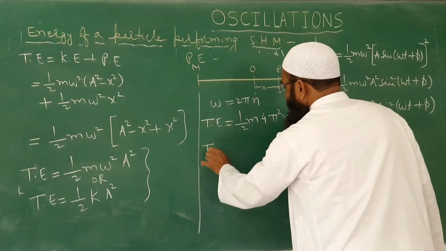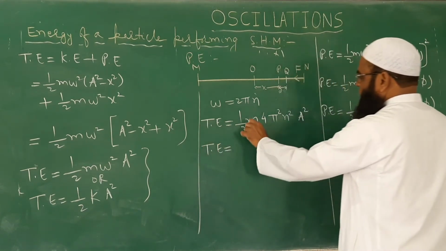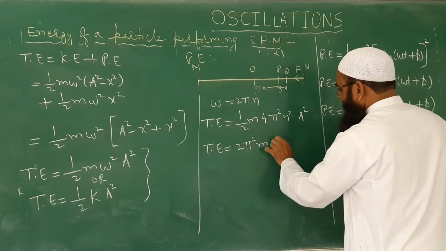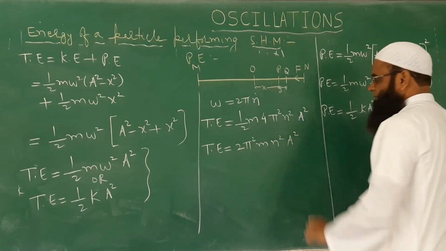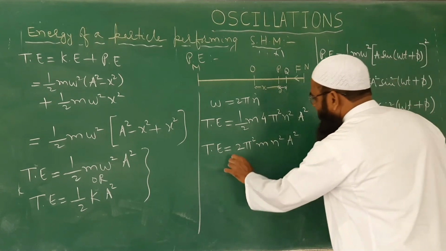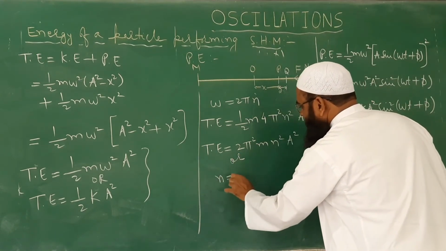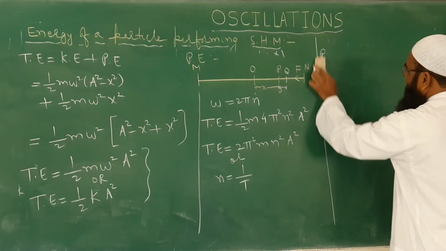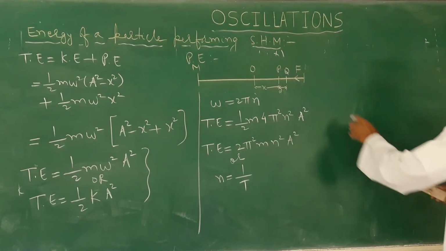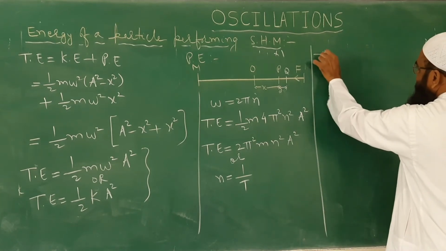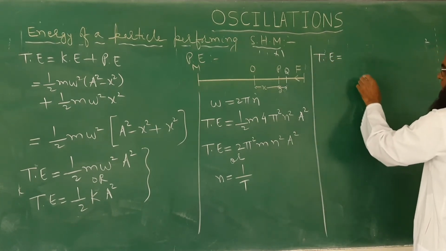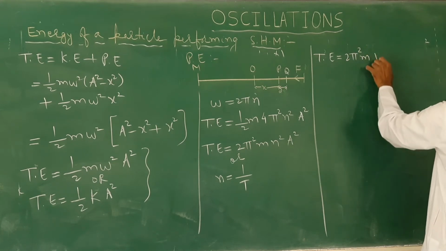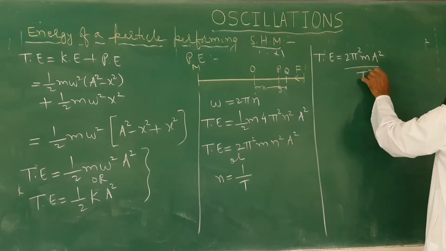Solving this, we get 2 pi square m n square a square, or as we know n is equal to 1 by T, total energy is 2 pi square m a square upon T square.